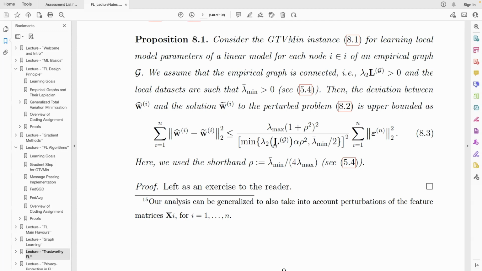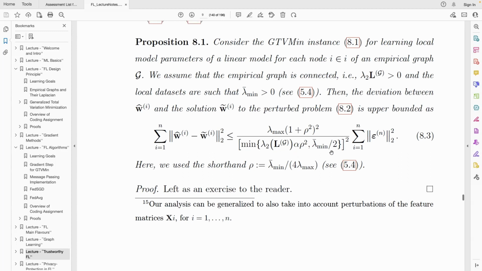Did we want a large lambda 2 or a small lambda 2 there? Large, yes. It is very much in line with what we want: fast convergence means large lambda 2, and good statistical performance, like good collaboration or pooling of local data sets, also means large lambda 2. So this is all aligned. We want a large lambda 2.